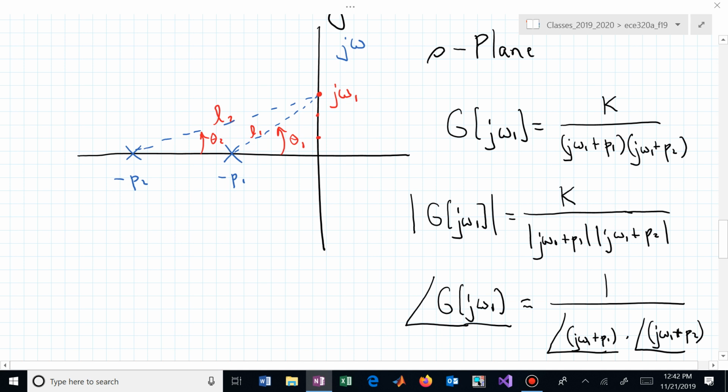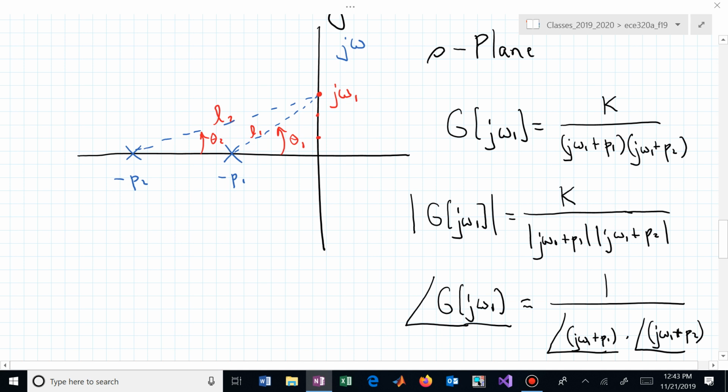They're in the denominator, so when you pull them upstairs, they're going to be subtracted. And in this case, we don't have any angle, we don't have a sign, in the numerator. We just have a constant, so it has 0 degrees. We have 0 degrees minus the angles of those two poles.